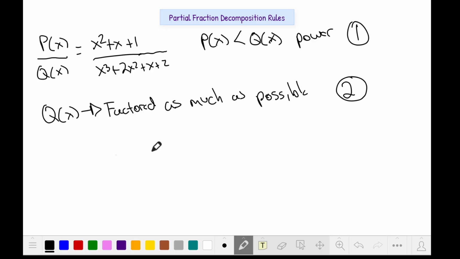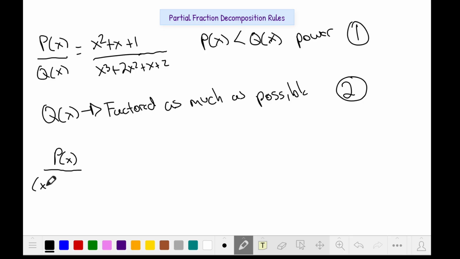Now, why am I making such a big deal about q of x being factored as much as possible? Well, it's because the type of factors it has will change the way that we do the actual partial fraction decomposition. For example, let's say we have some p of x being divided by some q of x, and we managed to factorize q of x nicely.